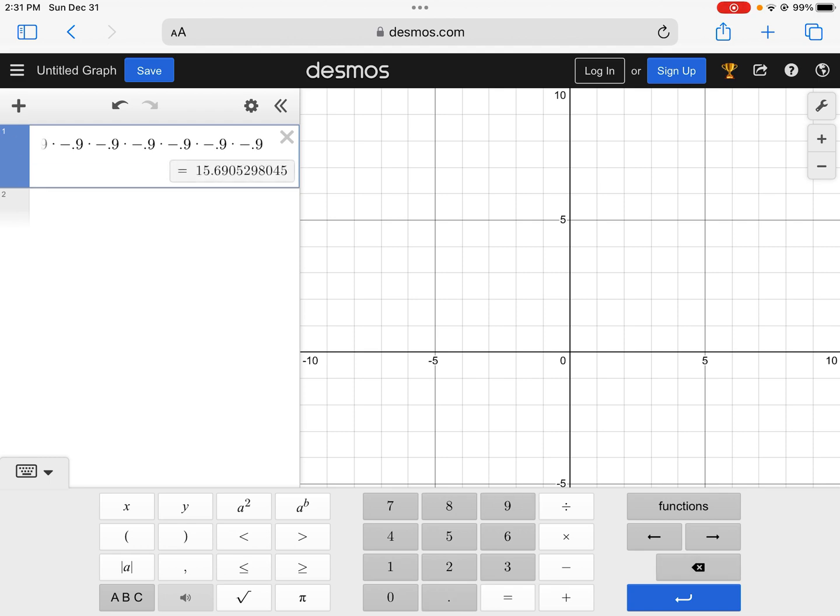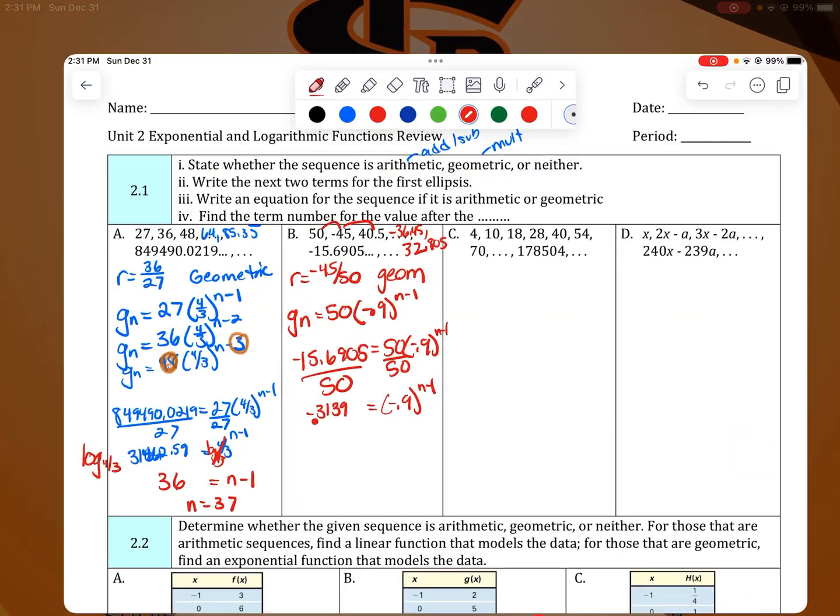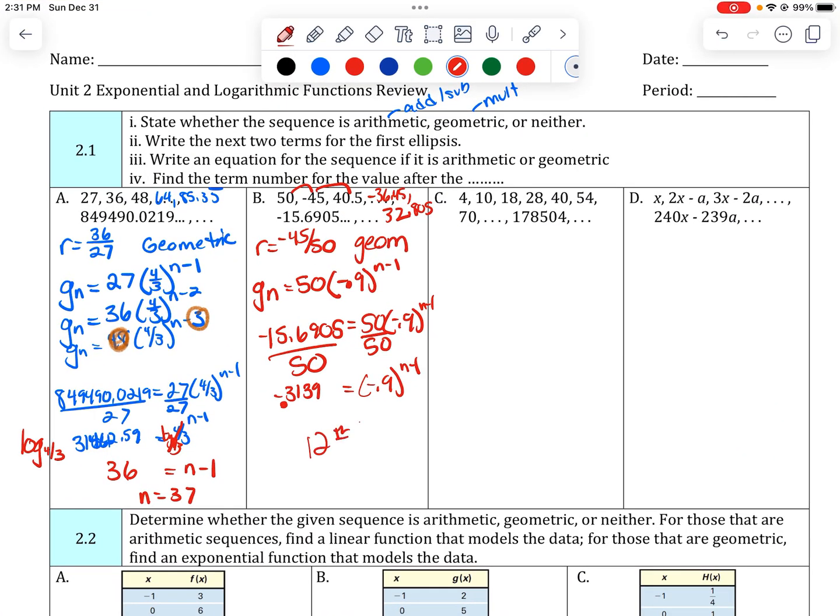There we go. So it's the 12th term. Again, we can't use the log because that's a negative base.